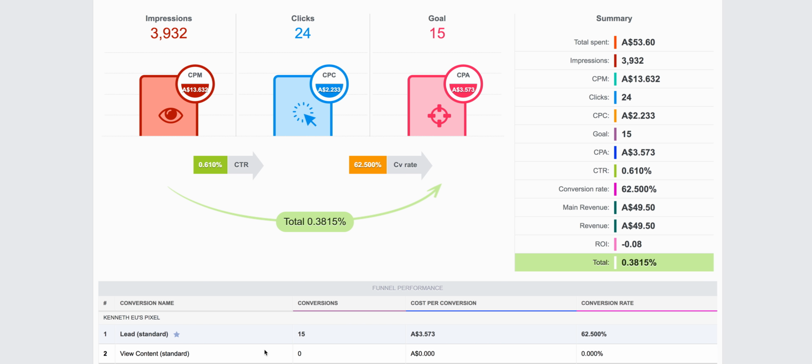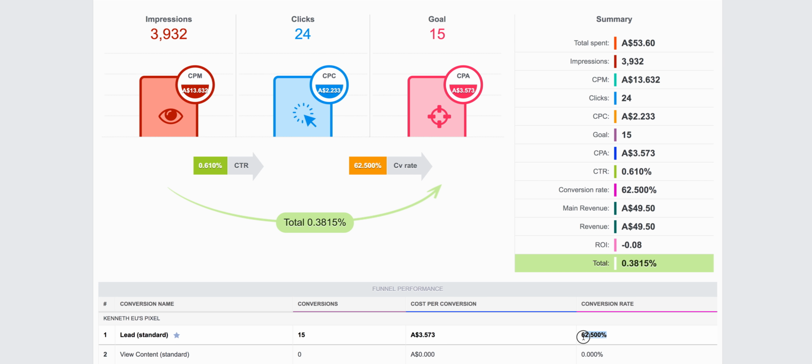If this side is saying this lead is costing us $3.5 Aussie dollars per conversion, then realistically our cost per customer acquisition, or CAC, in this instance would be $7, maybe $8. It depends on a lot of factors. Obviously, a 62% conversion rate is pretty solid.